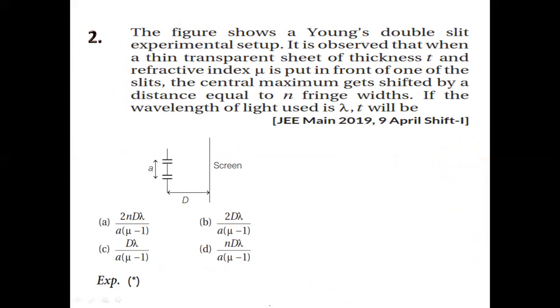It is observed that when a thin transparent sheet of thickness t and refractive index mu is put in front of one of the slits, the central maximum gets shifted by a distance equal to n times the fringe width.